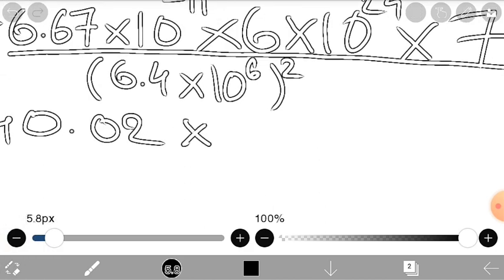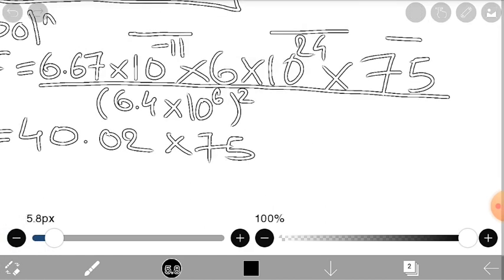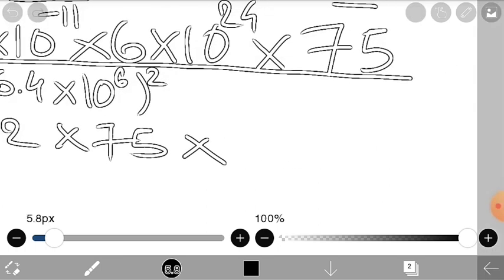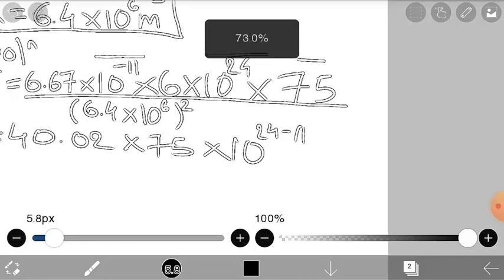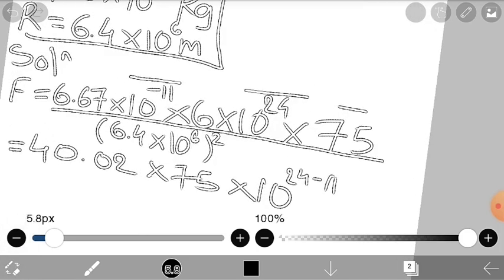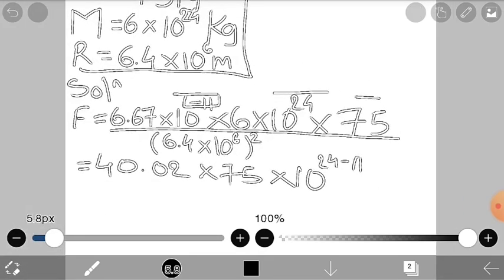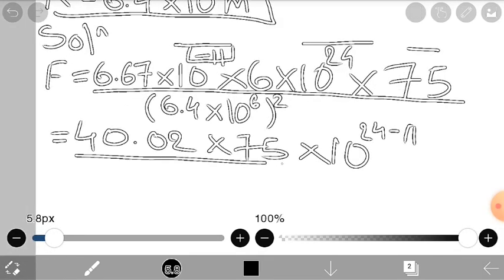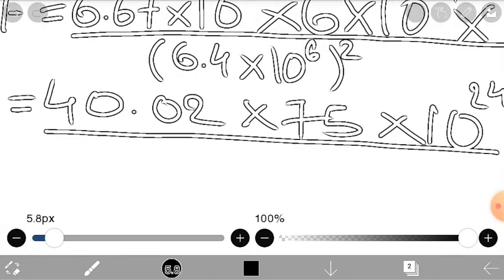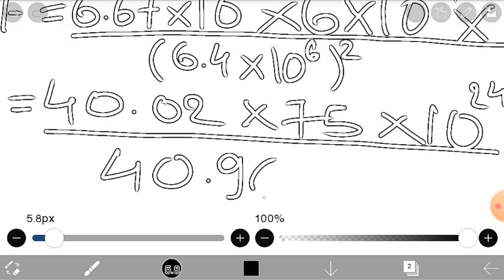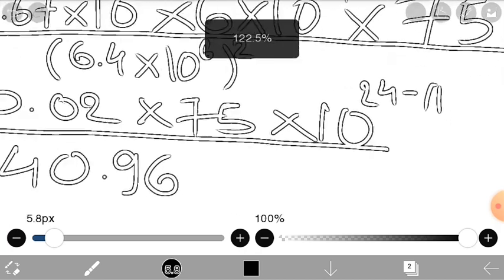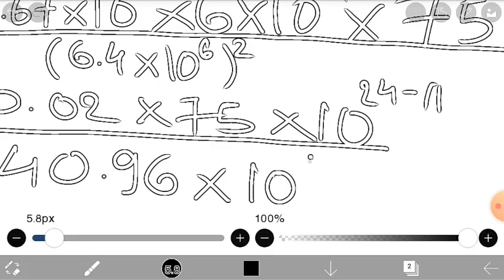Therefore we write into 75 into 10 raised to 24 minus 11, as 11 is negative, therefore instead of addition, subtraction occurs. Upon the square of radius: the square of 6.4 is 40.96, and 10 raised to 6 square will be 10 raised to 12.